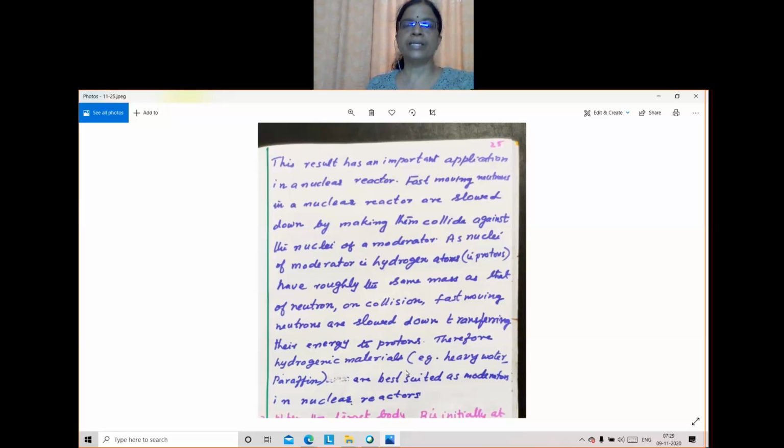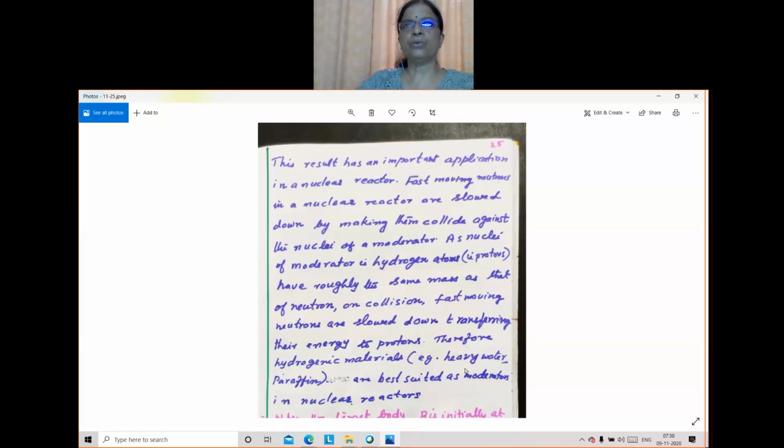So what is done is, the speed of the neutron is reduced by passing it through heavy water. That is the moderator. Paraffin, heavy water, paraffin, they are the moderators. They are hydrogenic materials, with mass almost the neutron's mass. So when a fast-moving neutron is passed through heavy water, both have the same mass, and heavy water is almost at rest.